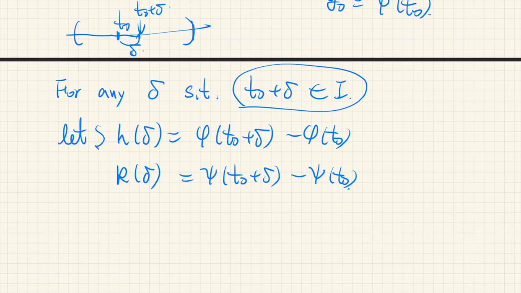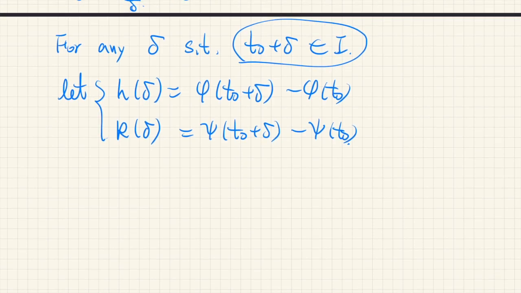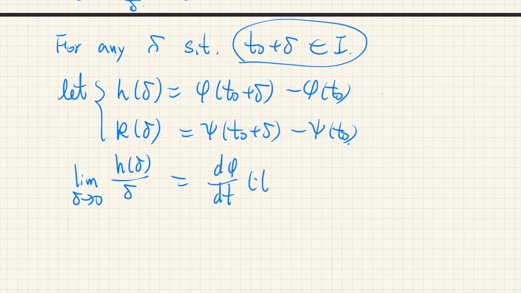If we define it this way, then we take the limit as delta goes to 0 of h of delta divided by delta. This is the definition of the derivative of phi, so this is d phi dt at t0.